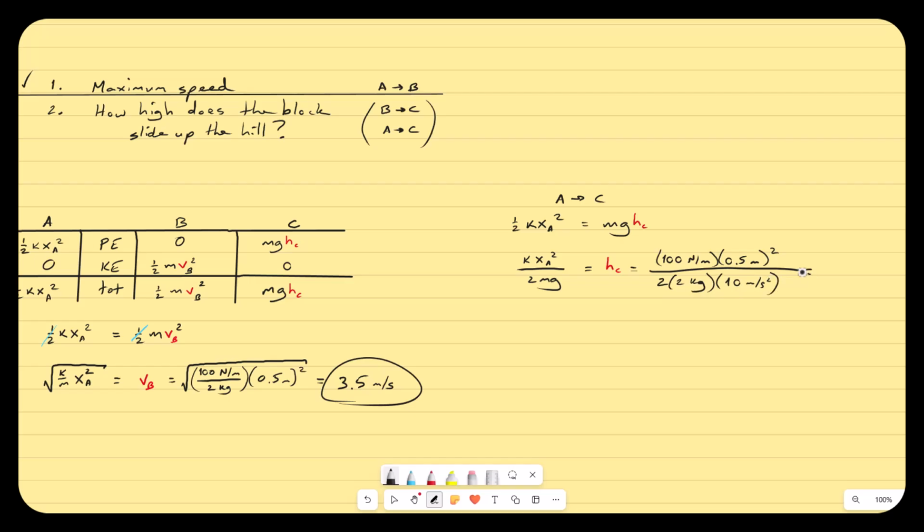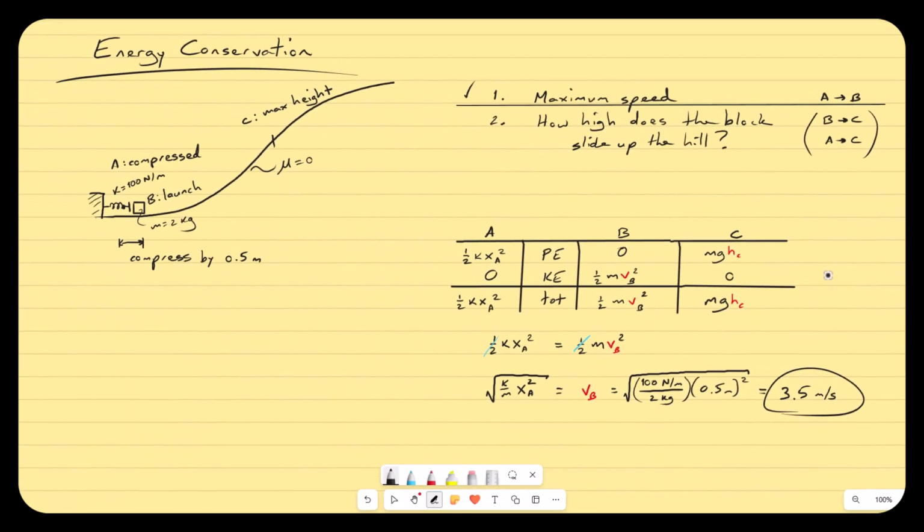When I do that, I get a final answer of 0.625 meters. This thing is going to go 62.5 centimeters up the hill and come to a stop. That's how I use energy conservation with different forms of potential energy.